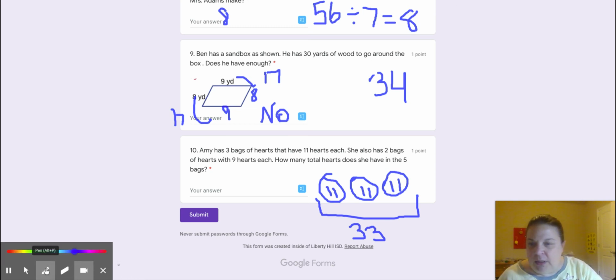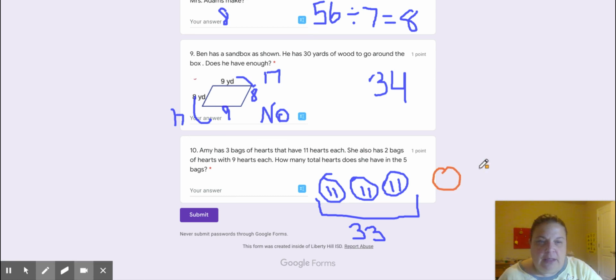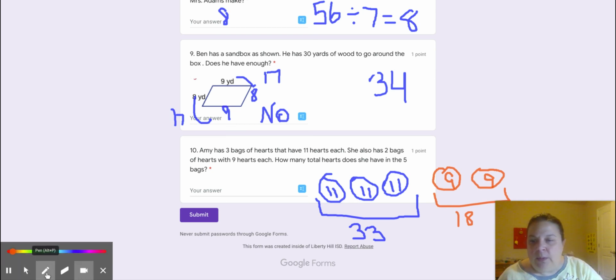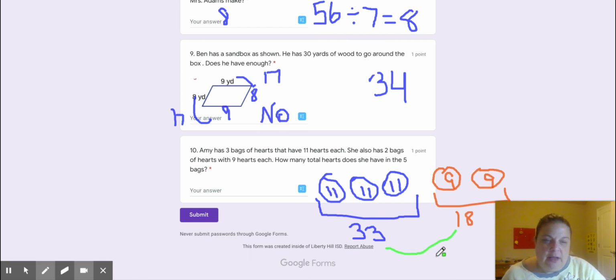I'm going to change my color so you can see it better. She also has this bag here and this bag here. And here we have 9 and 9. Those 2 nines together make 18. When we add these 2 together, that gives you 51. So the correct answer for number 10 was 51.